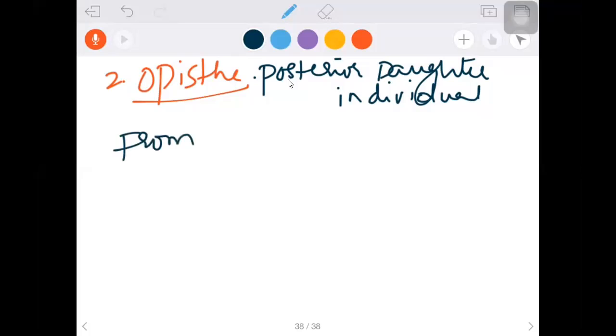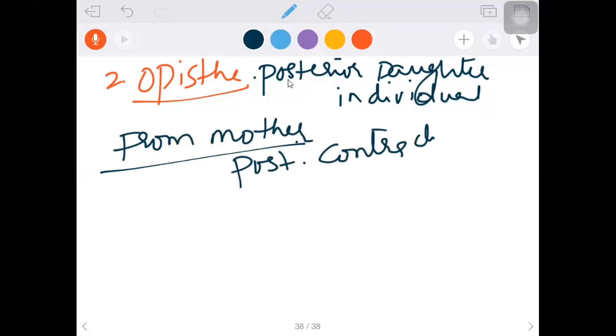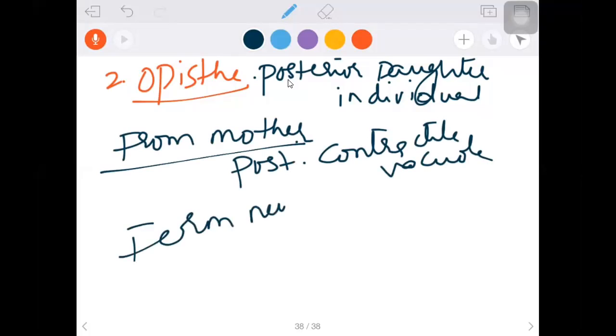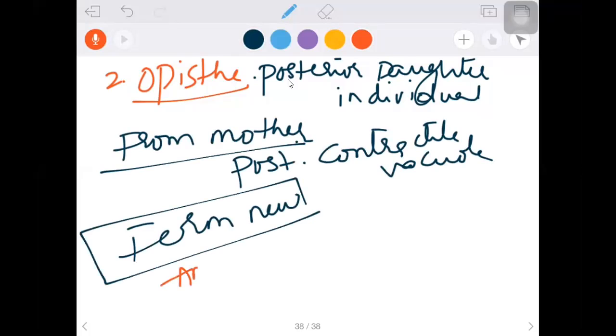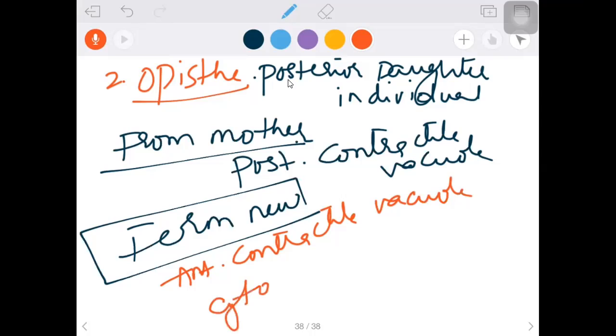Now, let us see what it obtained from the mother. It obtained the posterior contractile vacuole from the mother. Now the question arises, what did it form new? The newly formed structures are the anterior contractile vacuole, and the cytostome and cytopharynx are taken by their brother proter, since the mother's are taken by the proter.